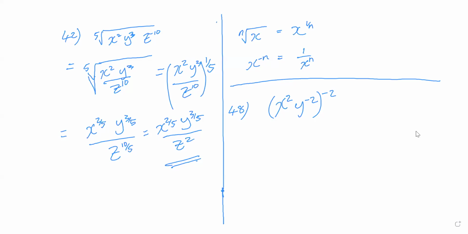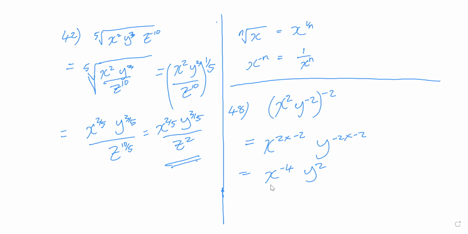We don't have any radicals here, so all we need to do is write our negative exponents as positives. But I would like us to start by first distributing this exponent to each expression in the bracket using one of our laws, the distributive law. So it becomes x to the 2 times minus 2, y to the minus 2 times minus 2, which is x to the minus 4, y to the 2.